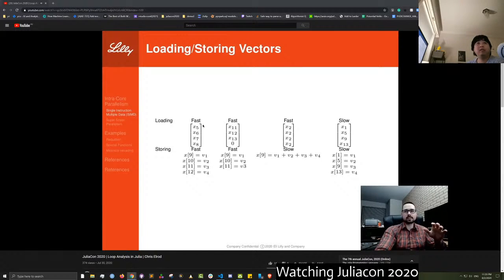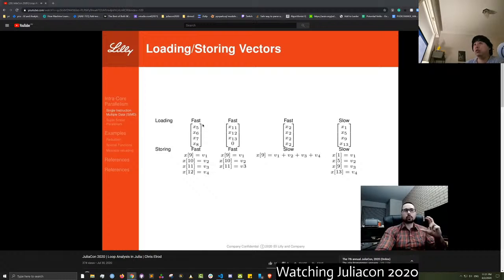If you wanted to create a vector, represented here in this bracket, of x5 through x8, a vector in a CPU register, loaded from a vector in memory of x1 through x20 or so, loading contiguous elements like 5 through 8 is very fast. And similarly, if you had this vector register and wanted to store it into memory contiguously, that is again very fast.